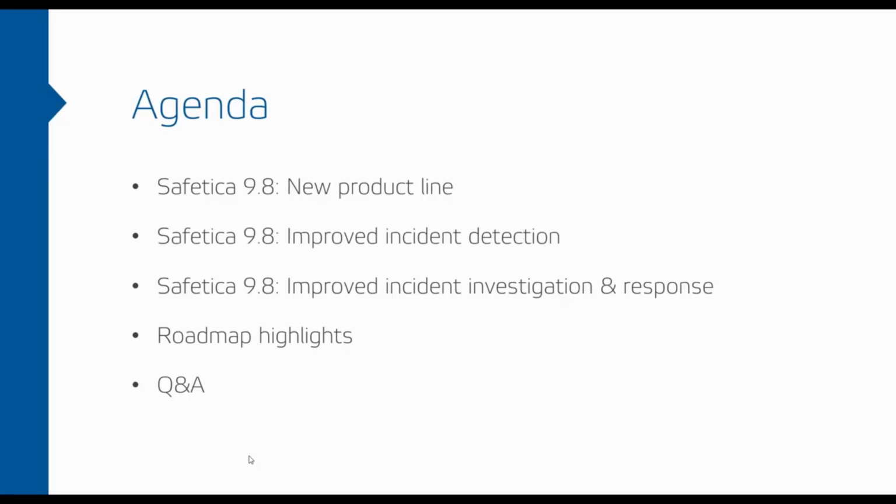As always, we will also share the roadmap highlights, which means, like every time, we want to tell you what we're working on, what you can expect, and we'll cover this in more detail.